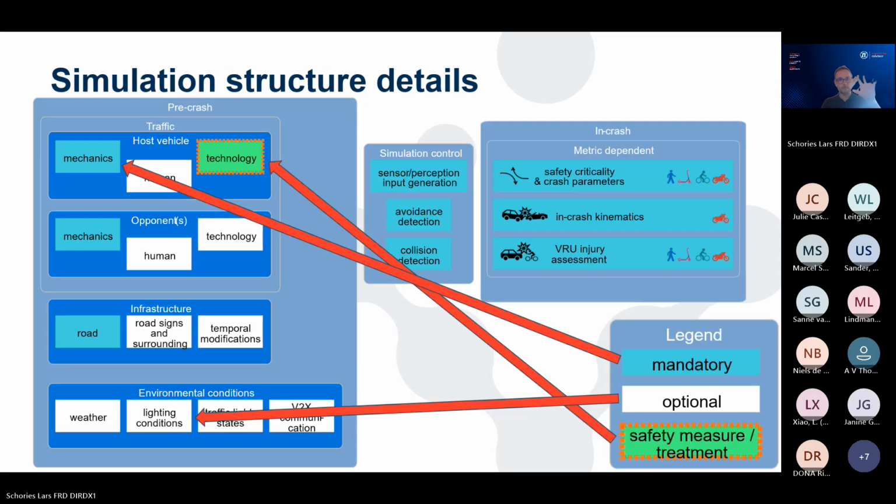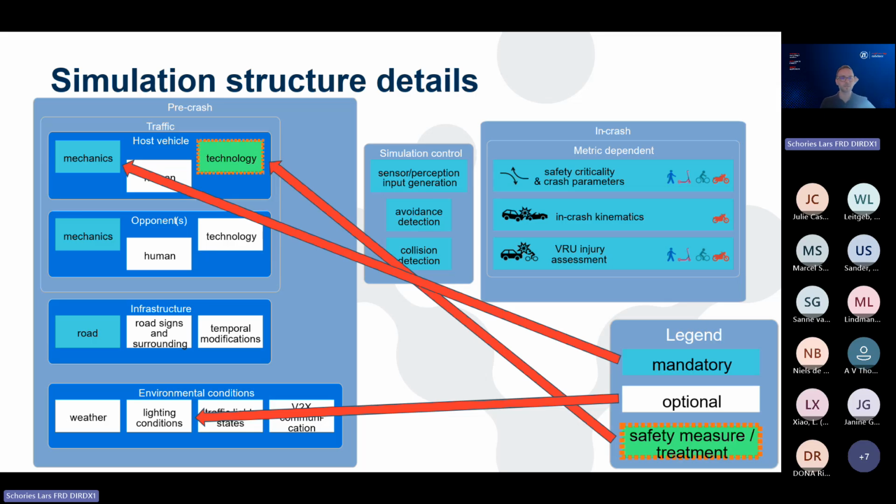Very basically, the simulation structure details we divide on the left-hand side between pre-crash elements. So there's a pre-crash cluster here. We have traffic participants, with mechanics part, human parts, technology parts. The opponent, mechanics, human, and technology, so quite similar.